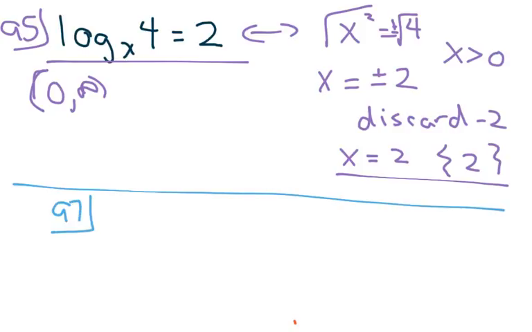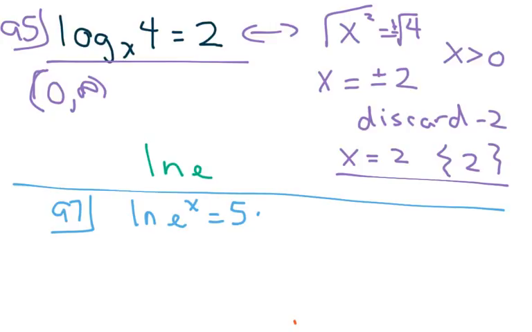Alright, 97. Now this is what we'll talk more about in class. We have natural log of e to the x equals 5. Now there's a formula you can use, but I'm going to show you why the formula works. What I'm going to do is multiply this by 1.